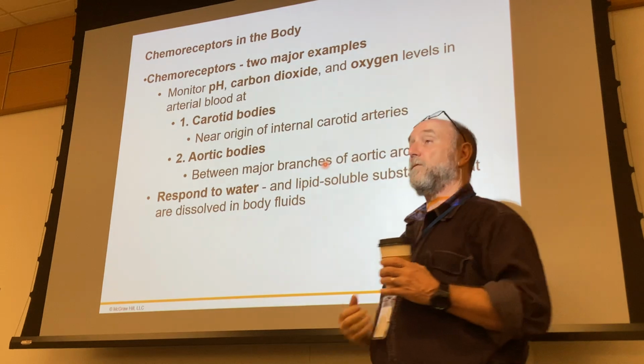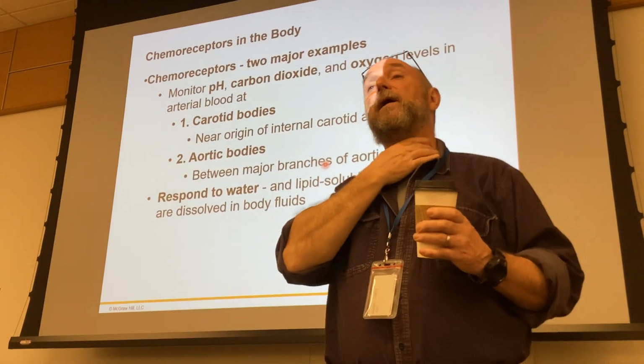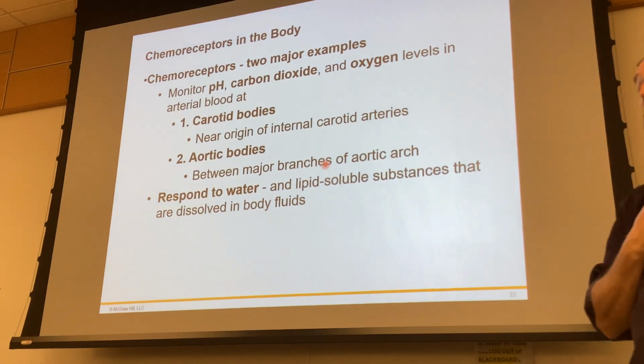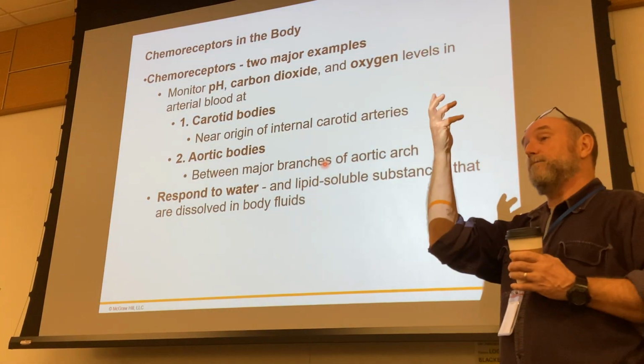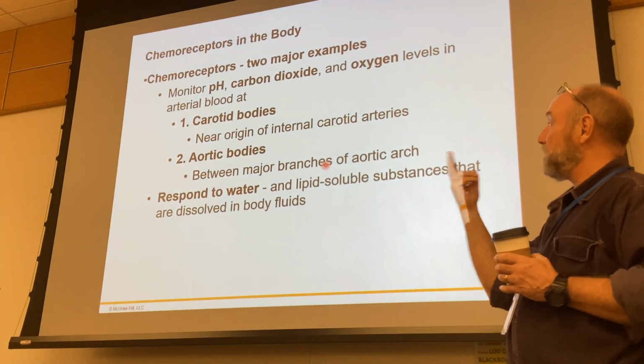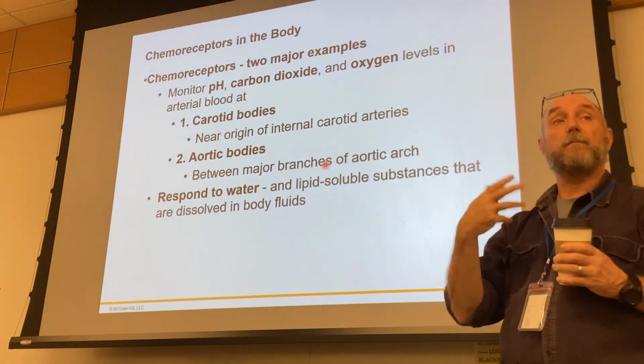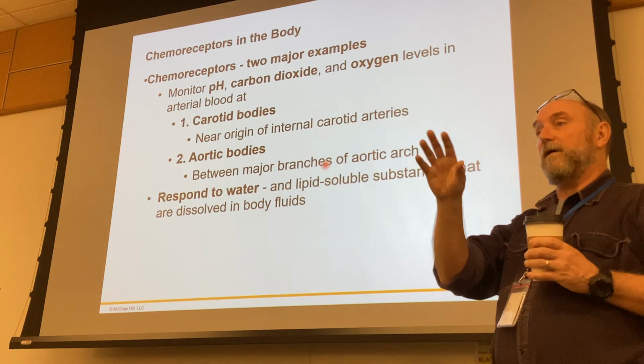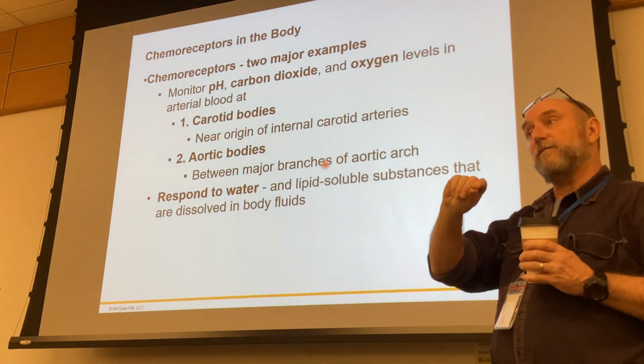A carotid body, we have a carotid artery, paired carotid arteries that go up on either side of our neck that come up from the heart and that are feeding blood to the brain. That's one example. And then there's aortic bodies, and an aortic body is an area of the arch of the aorta, which I don't really care if you know that, but they're right off of the left ventricle.